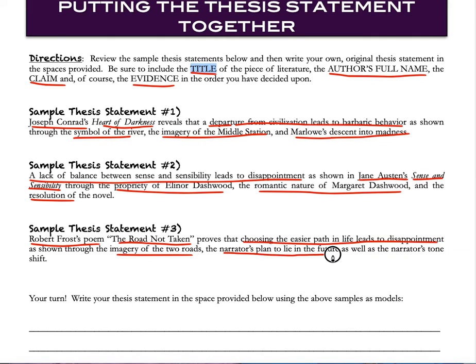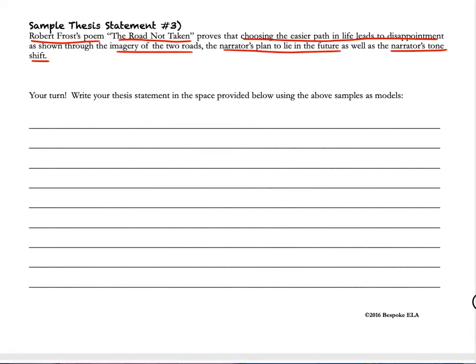So we have evidence piece number 2 and evidence piece number 3 here. So you can see all of these follow this basic structure. It has that leads to format. We've got our claim and our evidence. Very clear. Very easily done. Now it's your turn.